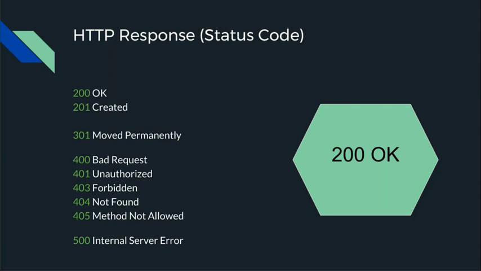Again, we need to understand that it's the standard, but a developer can return any status code he wants. For example, some developers make exceptions show status code 404 Not Found instead of 500 Internal Server Error.